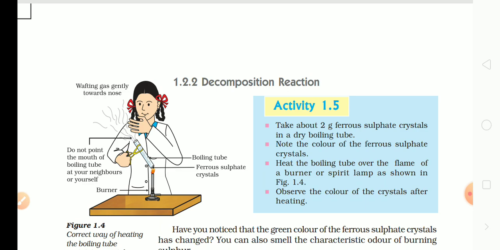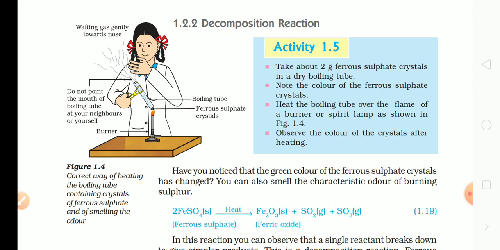What might it be? One reactant is decomposed to form more than one product. You can see the example.